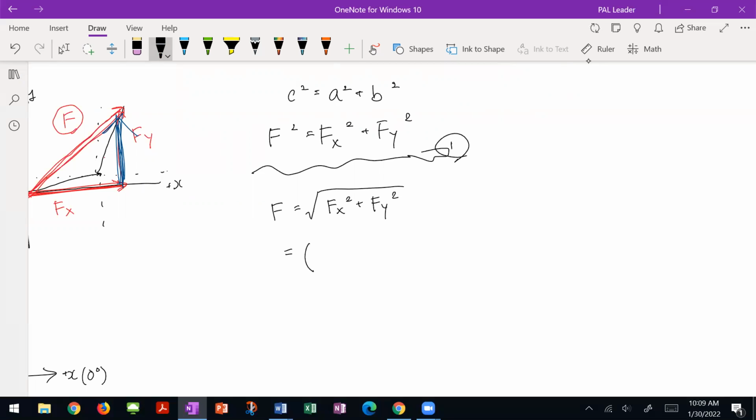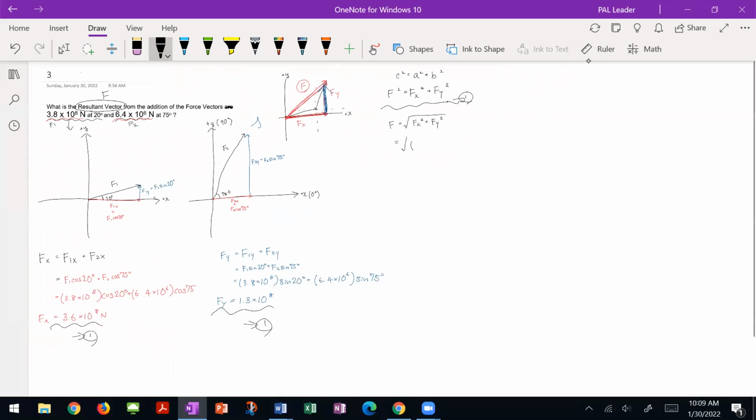And now I'm going to put in the values that we found for Fx, which was 3.6 times 10 to the power of 8 squared, plus Fy was 1.3 times 10 to the power of 8 squared, all in the square root.